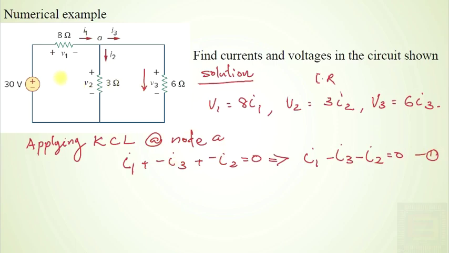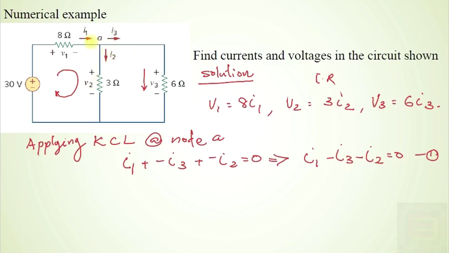Now we have 3 unknown values, I1, I2 and I3. So if you have to get a solution for a circuit, you have to evaluate I1, I2 and I3. That means 3 variables are there, so at least you have to have 3 independent equations.